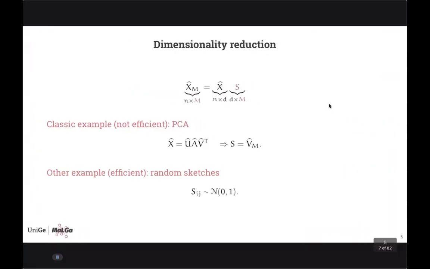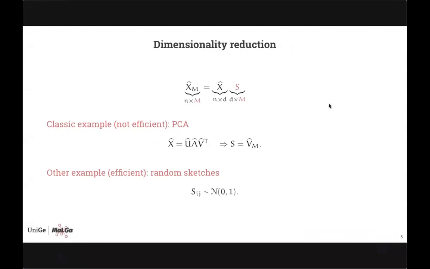So one idea is to try to get faster projection and faster dimensionality reduction by introducing random stochasticity. And one simple idea is to assume the matrix S to be a random matrix.